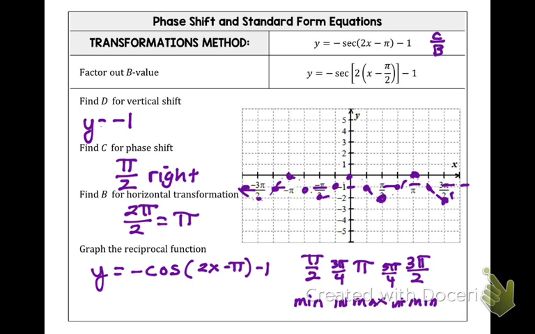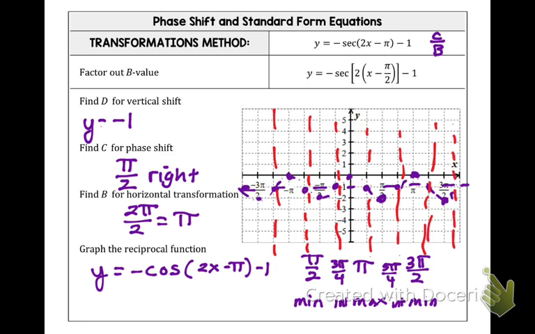Make our asymptotes at the zeros with the midline. And then make your parabola shapes. And then there would be the graph. And once you finish that, we are done for notes.